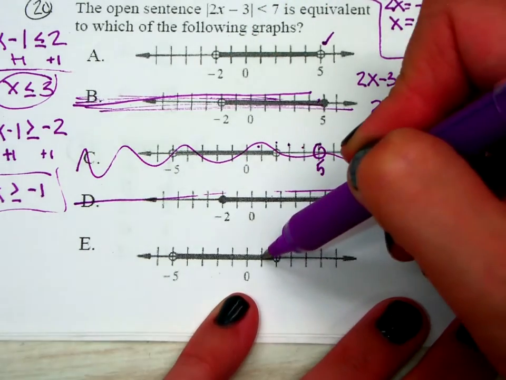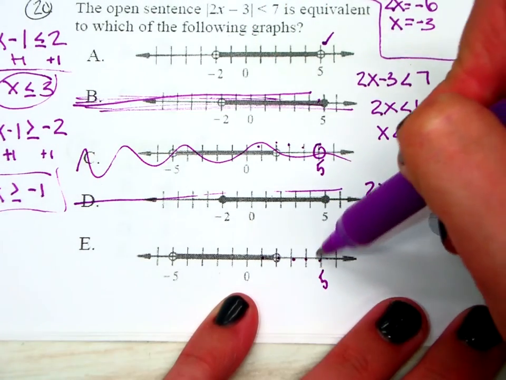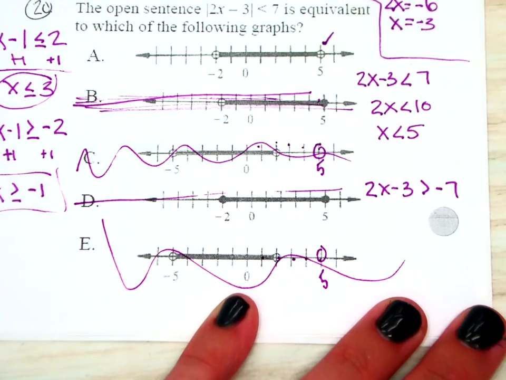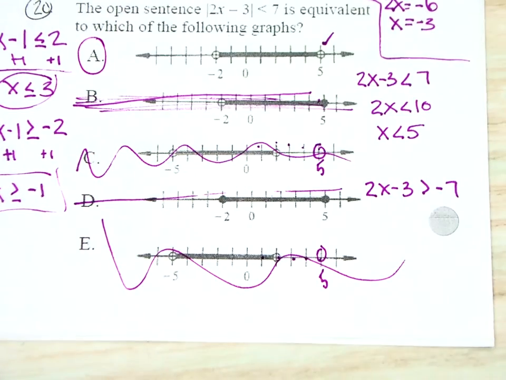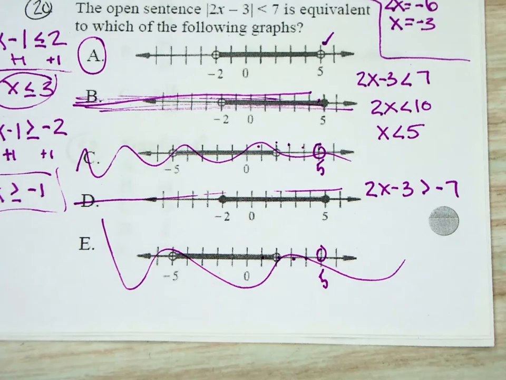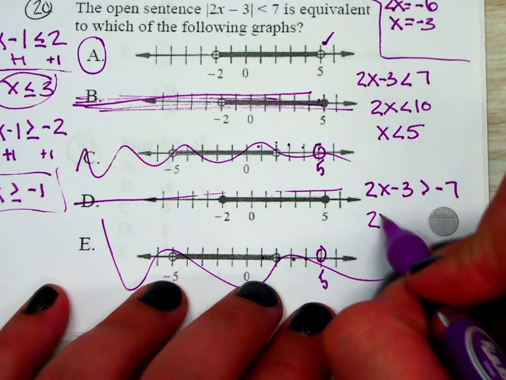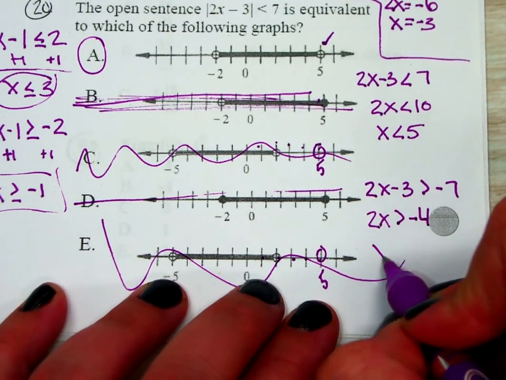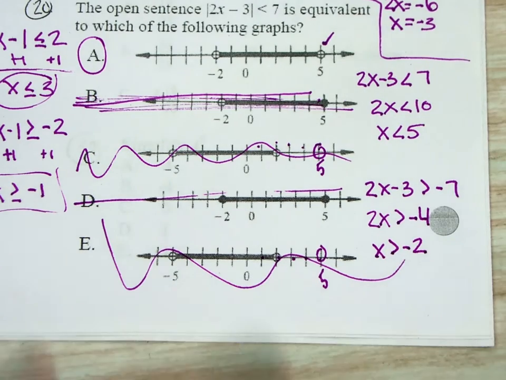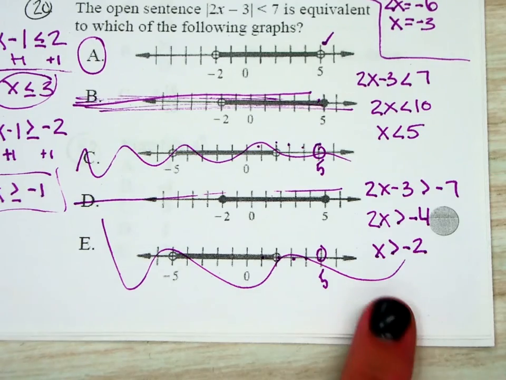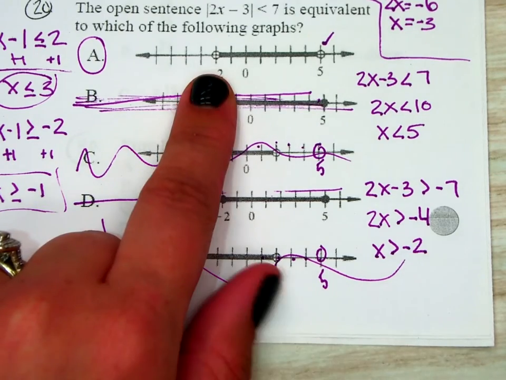Again, I'm going to go here, 1, 2, 3, 4, 5. There should be an open circle here, and there isn't. So just by eliminating your answer choices, you get the answer of A. However, for the sake of the problem, I'll continue to solve it. On the ACT, I would recommend that you eliminate your answers because it saves you some time. So x has to also be greater than -2, which is option A.